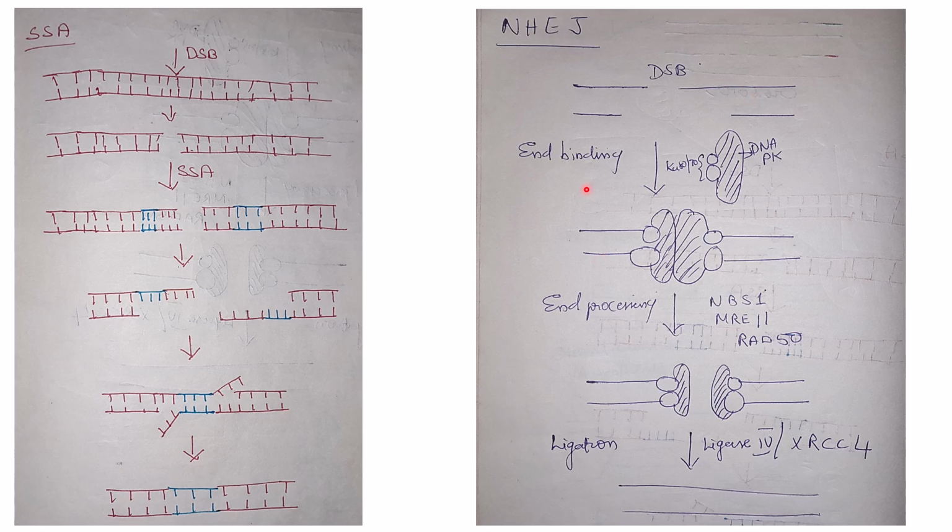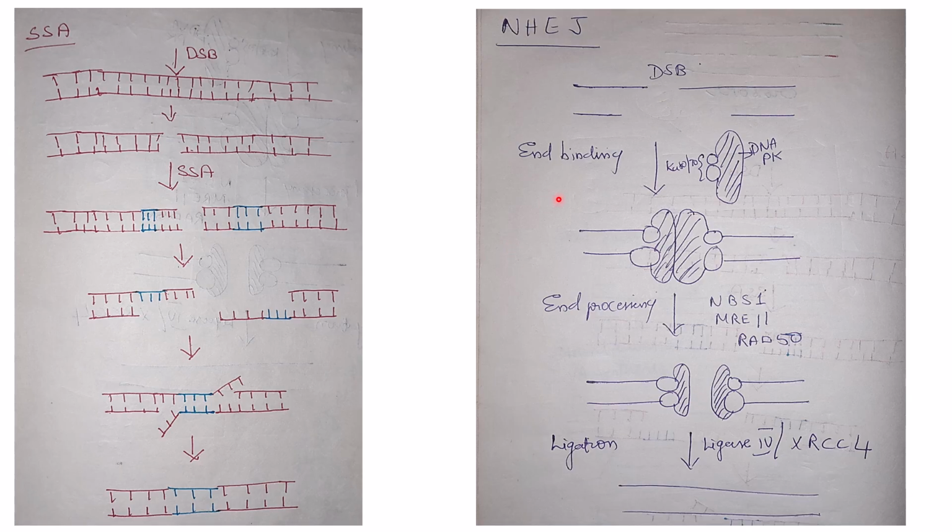There are some enzymes like KU70, 80, DNA-PKs. They are the different enzymes that are involved in non-homologous end joining. Then you have ligase 4 and XRCC4 that are involved in the ligation after repair.